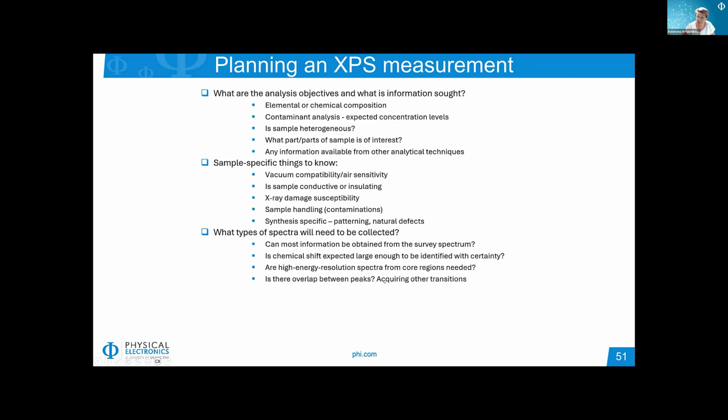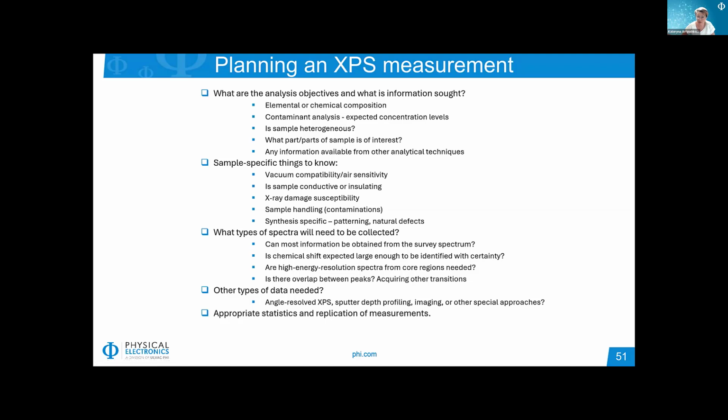Is there overlap between the peaks, and do you then need to plan to acquire other transitions to help you, and to acquire references to help with curve fitting? Are there any other types of data that may be needed, such as angle resolved, depth profiling, imaging, or other special approaches, to really be successful in working with the customer?